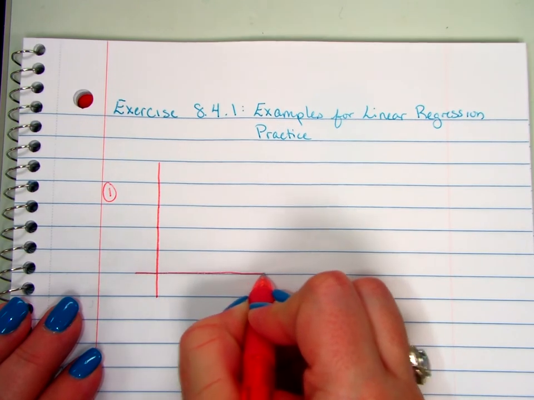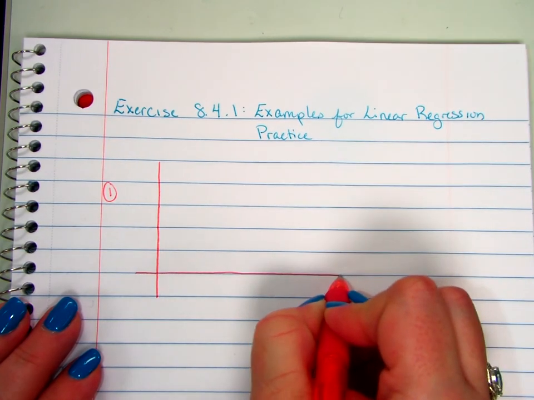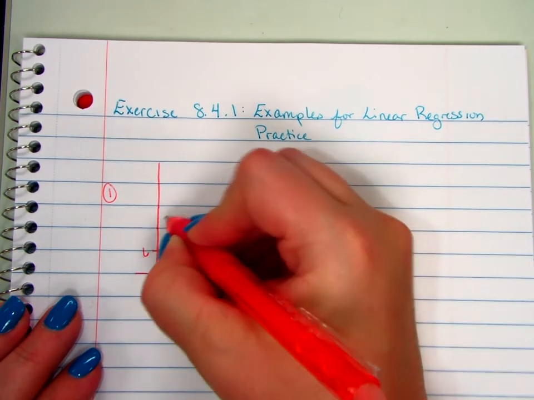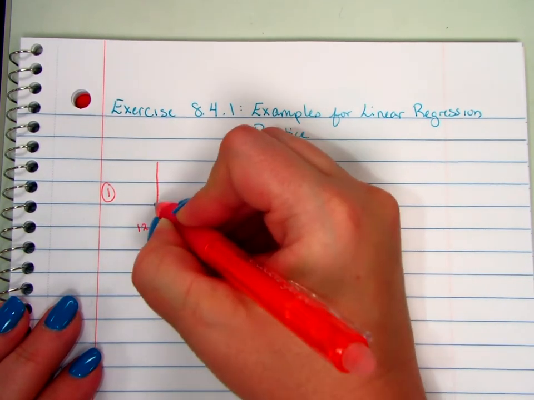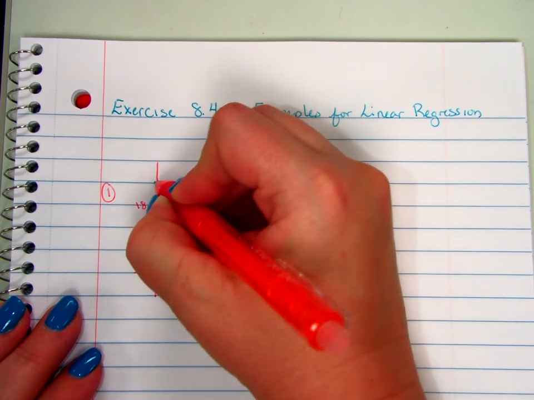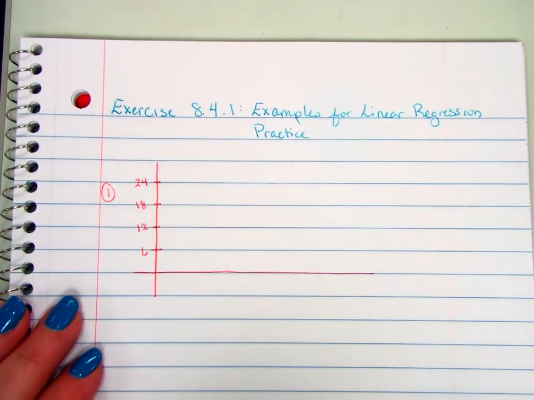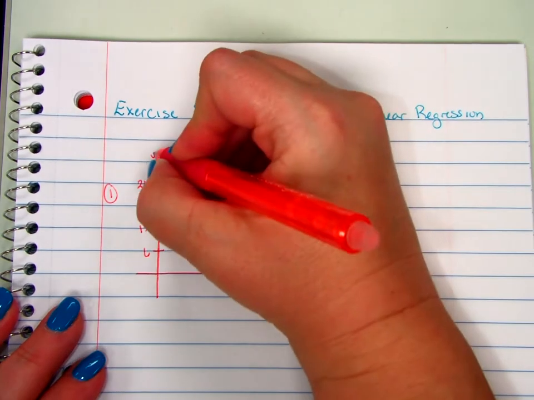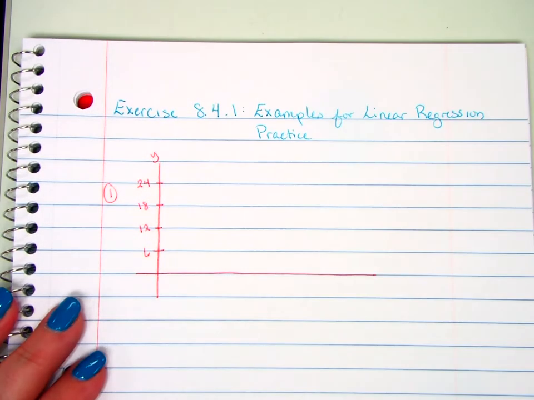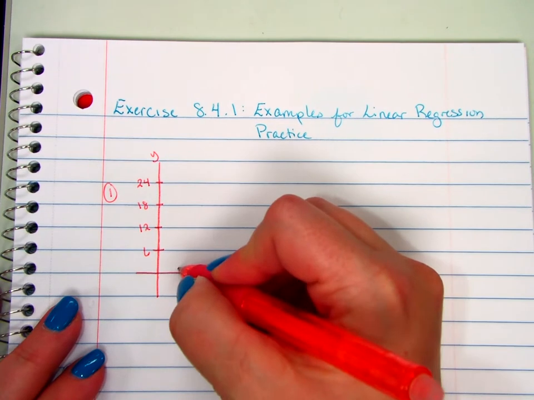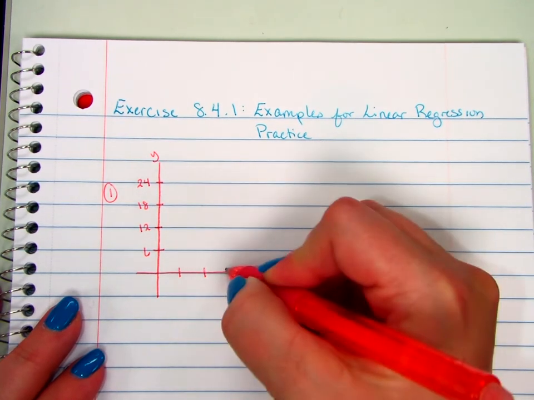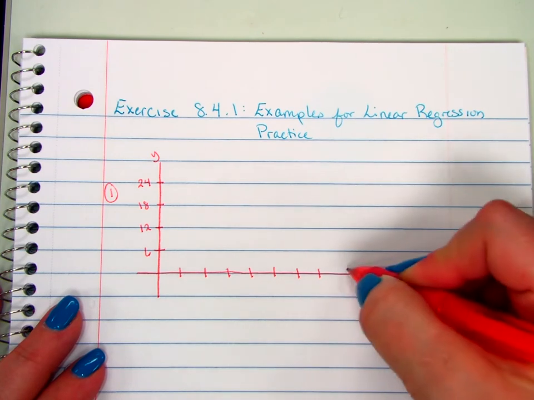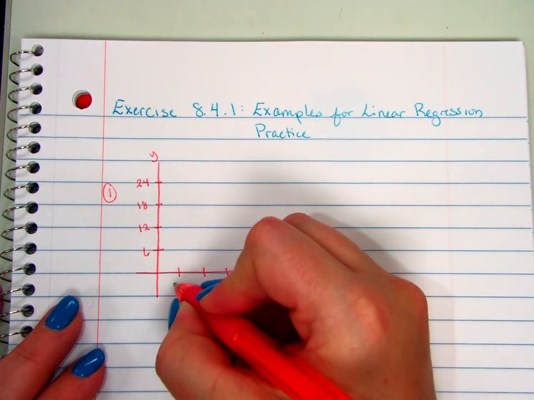So 10, 20, 30, 40, 50, 60, 70, 80, something like that. So this is going to go by 6s, 6, 12, 18, 24. And then my horizontal axis, this is my y, my inches. My horizontal axis is going to go by 10s, 10, 20, 30, 40, 50, 60, 70, 80.